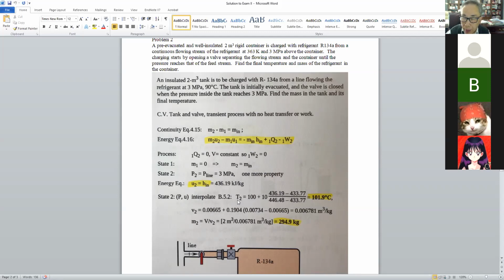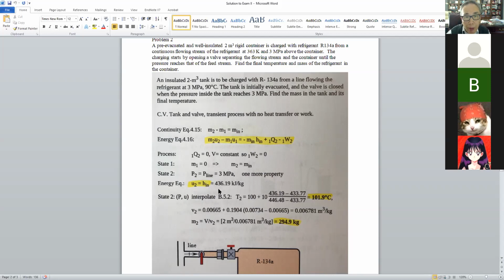Now, my question is, we don't have a table for pressure entrance, which means we can't use pressure directly to find the U2. No, from this equation we reduced to this form, right? But H can be found from the table. H is the inlet stream, this fluid in this line, refrigerant at 90 degrees C, 3 megapascal. This is from the table.